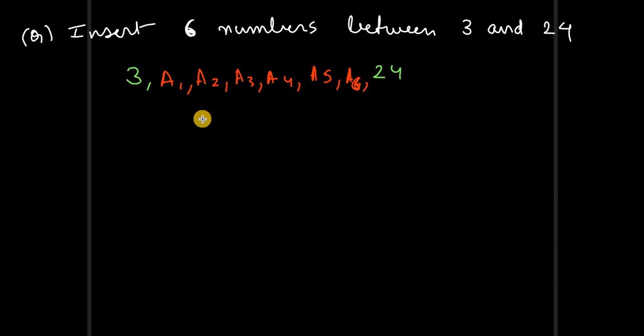So these are the 6 elements that we have to insert such that this whole sequence is in AP. So we'll just follow the same path.